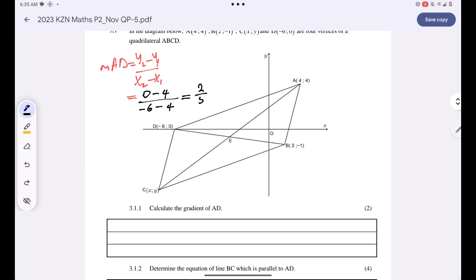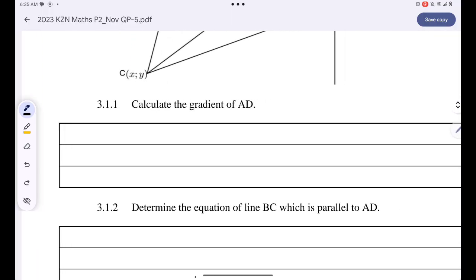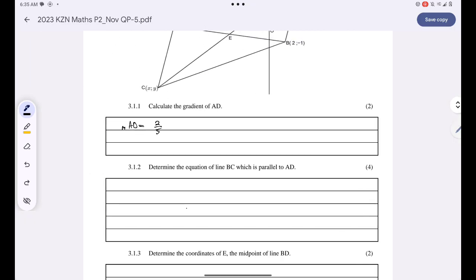I'll just get 2 over 5 as my gradient. 2 over 5 is my gradient. So the gradient of line AD is just 2 over 5.